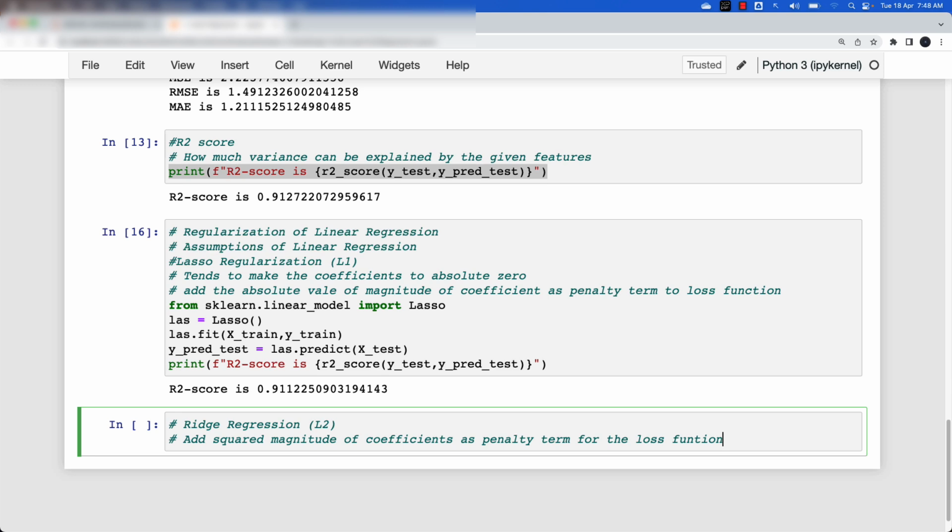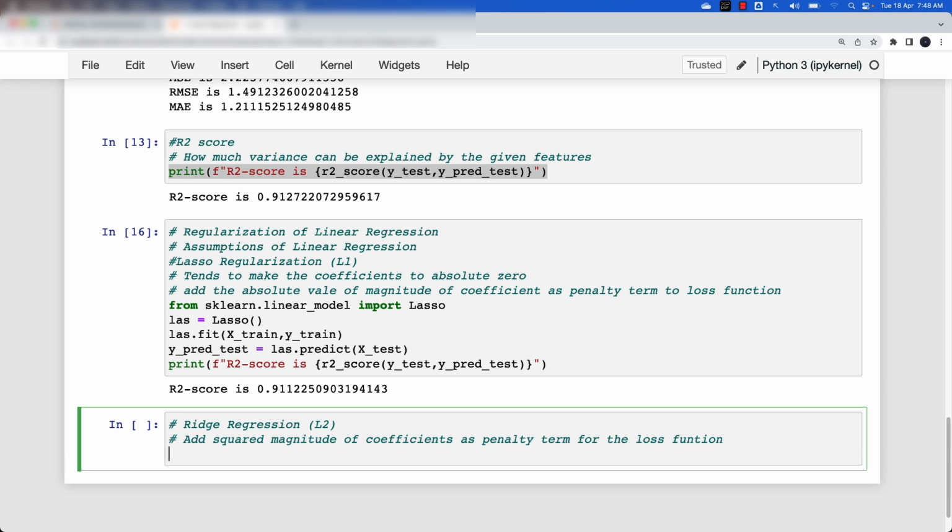When we add this squared magnitude of coefficients as the penalty term for the loss function, this is going to result in getting the value of coefficients closer to 0, but yes, it is never going to set the value of coefficients to absolute zero.